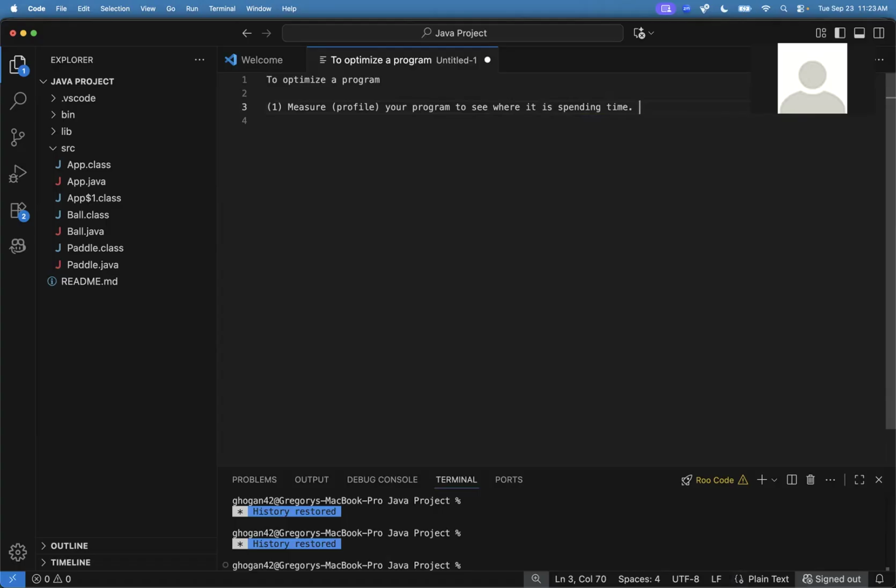So which functions are running the most, right? Which methods, functions are running the most. Again, Zoom stuff's in the way.